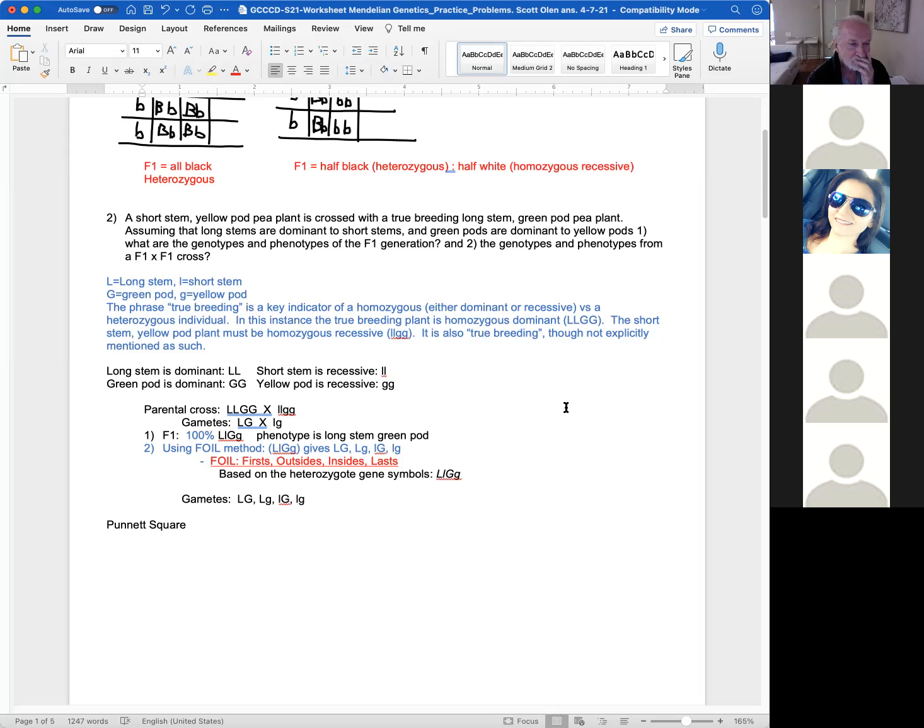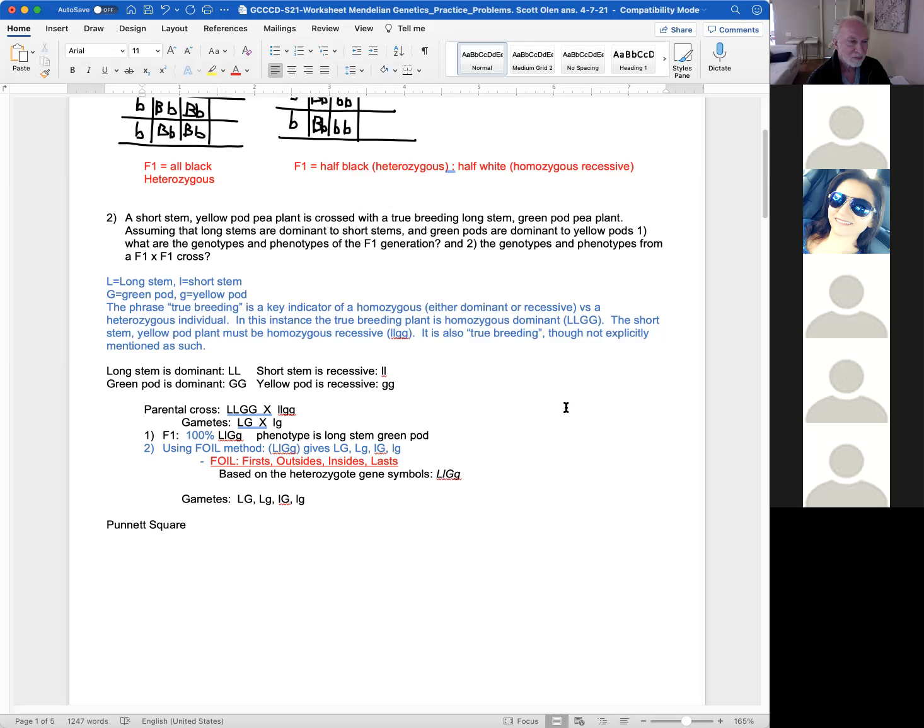We know that it says we crossed a true breeding long stem green pea pod. So that's another key. True breeding. It means that this individual is homozygous, either homozygous dominant or homozygous recessive, but it always produces an identical homozygous offspring or progeny.